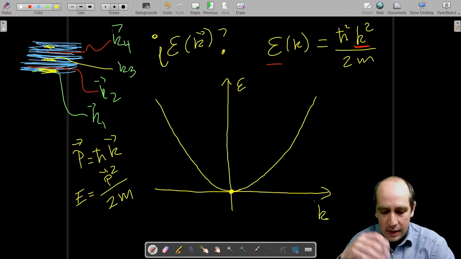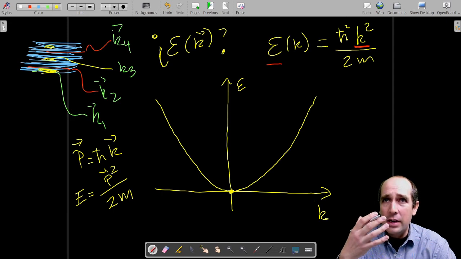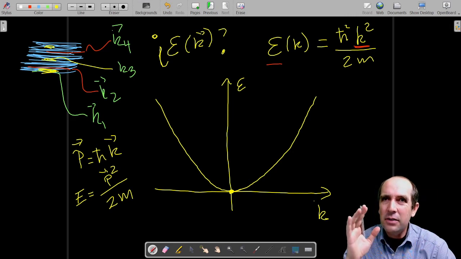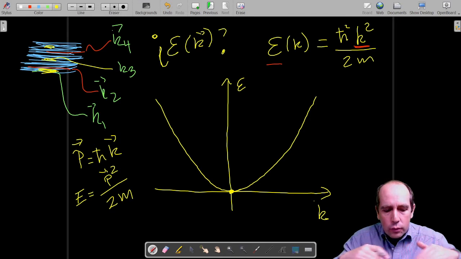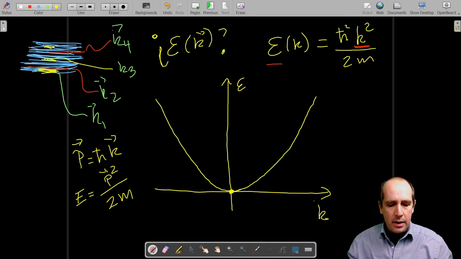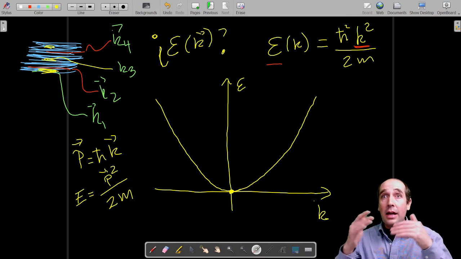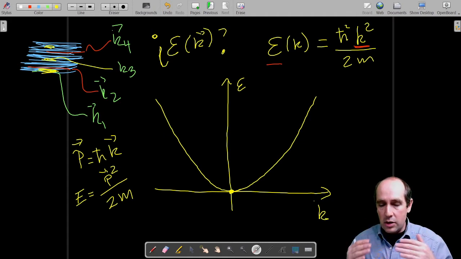So this is essentially what we call a parabolic band. Again, this is not entirely true, but at first glance it gives us an idea of how to relate the K vector of each one of the levels over here. So each one of these levels will have a K and an energy that has a relationship with each other.